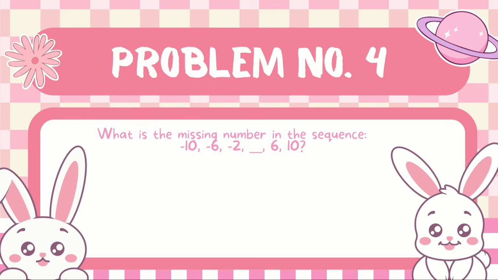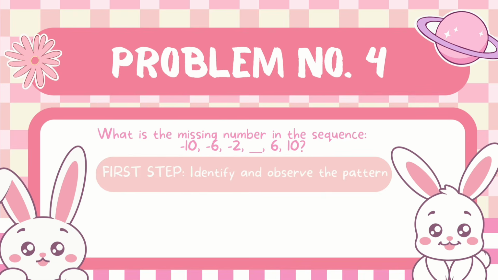What is the missing number in the sequence 10, 6, negative 10, negative 6, negative 2, blank, 6, 10? First step, again, is to identify and observe the pattern. Try solving it on your own.